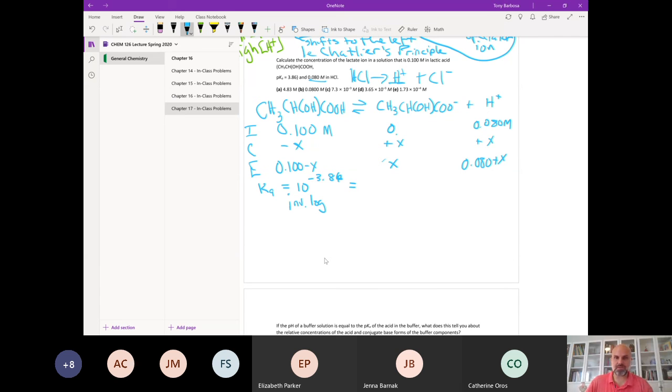All right, once you do that, you just simply calculate. The calculator should spit out 1.38 times 10 to the minus 4, which is rounded to 1.4 times 10 to the minus 4.